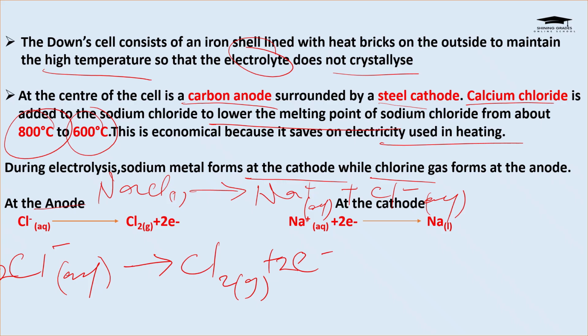On the other side, that is at the cathode, sodium ions gain an electron to form sodium metal, which is produced in liquid form. And because 2 electrons were lost, we also have to gain 2 electrons in the case of sodium metal.